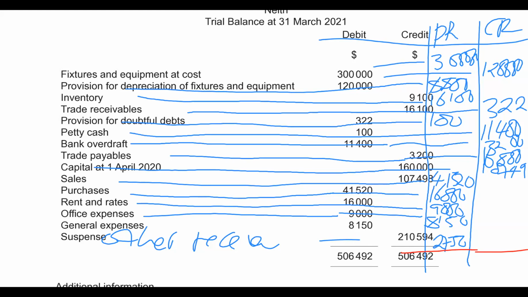That's for the debit side. 41,520, 16,000 plus 9,000 plus 8,150 and plus 2,750. What do you find?